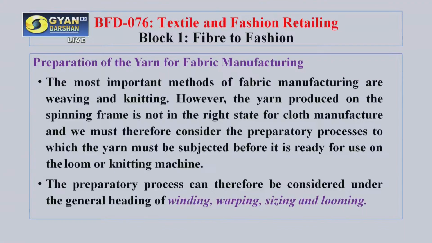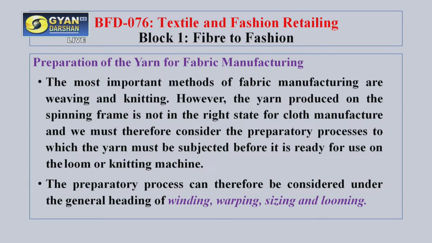Then comes the preparation of the yarn for fabric manufacturing. The most important methods of fabric manufacturing are weaving and knitting. However, the yarn produced on the spinning frame is not in the right state for cloth manufacture, so we must consider the preparatory processes to which the yarn must be subjected before it is ready for use on the loom or a knitting machine.